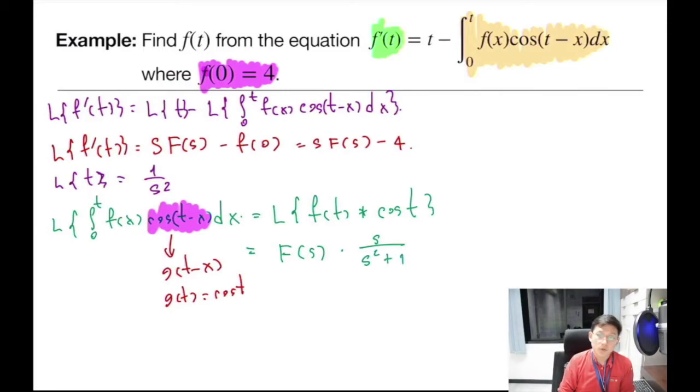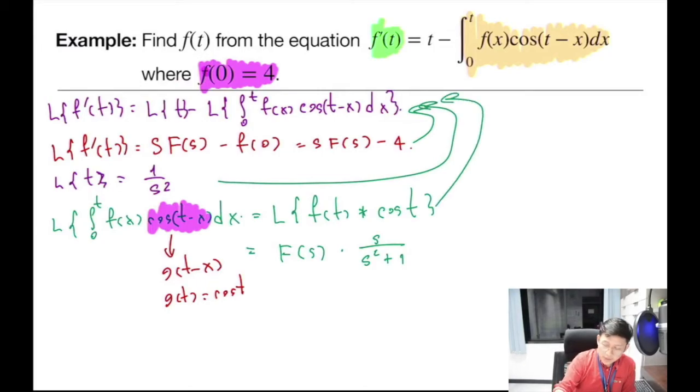Okay, and then we plug everything back into this equation. So what we have right now would be sF(s) minus 4 equals 1 over s squared minus F(s) times s squared plus 1.